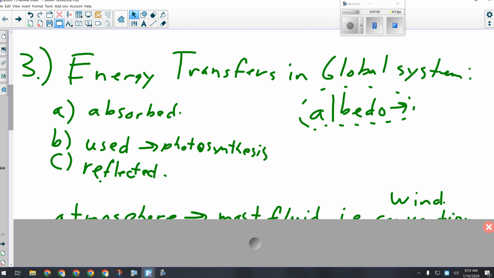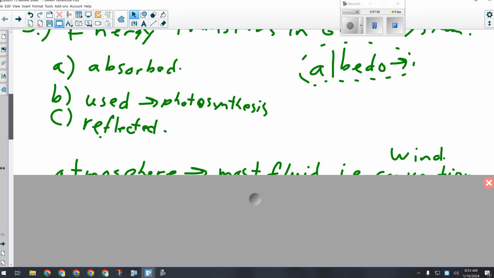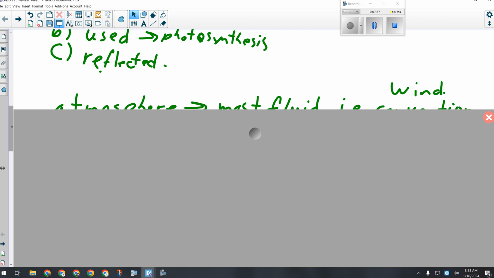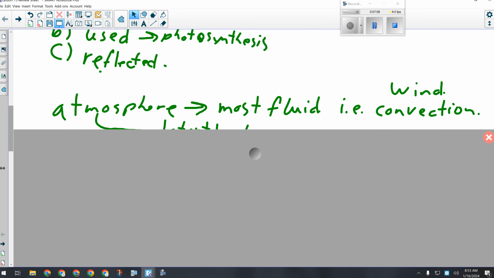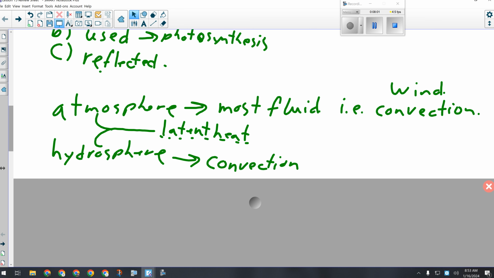All right, the other stuff from there would be the methods of heat transfer. Okay, that would be conduction, convection, and radiation. Okay, and you also need to know the roles of the 3 parts of the earth. Okay, within the atmosphere, the atmosphere transfers a lot of the heat, because it's the most fluid. It uses convection, which we feel as wind.